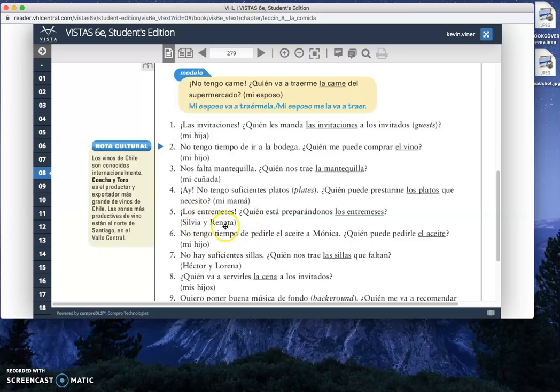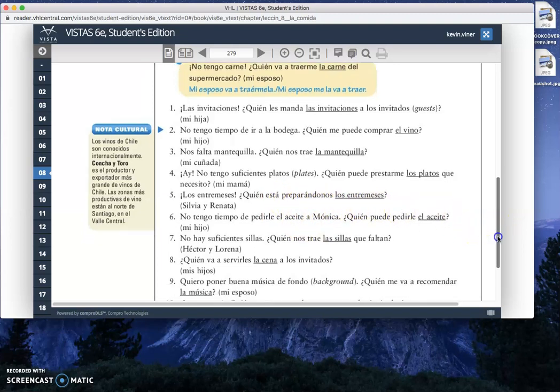So Silvia y Renata nos, los referring to the entremeses, están preparando. Or you could attach that to the end of preparando, but you have to put the accent. So it would be Silvia y Renata están preparándonoslos. It's kind of a mouthful. Preparándonoslos.